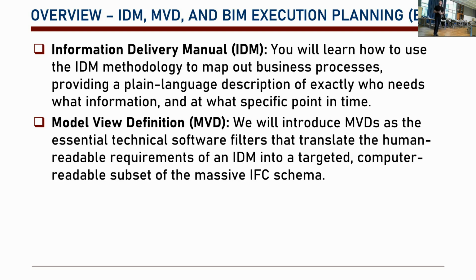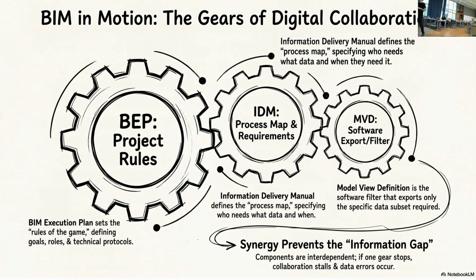We will introduce again in this lecture MVDs, which are technical software filters. Some software will work with some data, and we will define these in the MVD. The IDMs, information delivery manuals, are converted to model view definitions for the software. So we will talk about that.